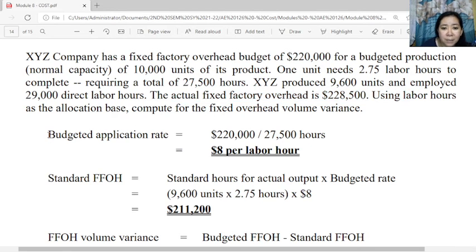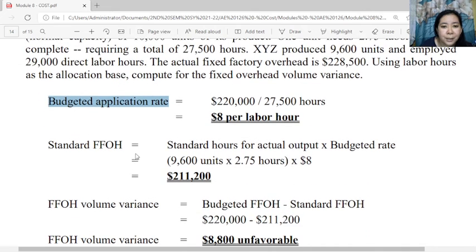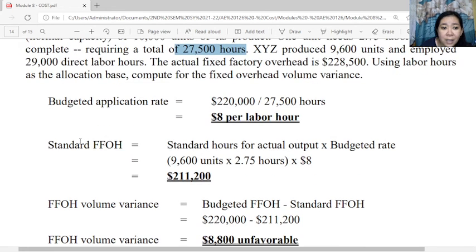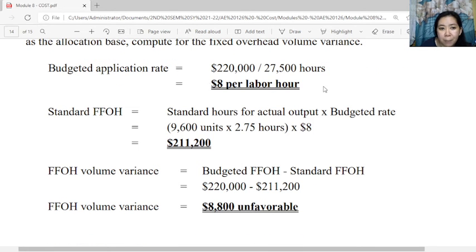First, we will determine the budgeted application rate because this is needed to determine our variance later on. How do we get the budgeted application rate? This is equal to 220,000, which is the fixed factory overhead budget, divided by the 27,500 hours, which is the budgeted number of hours required. Therefore, your budgeted application rate is 8 per labor hour. For our standard fixed factory overhead, we also need to determine this.